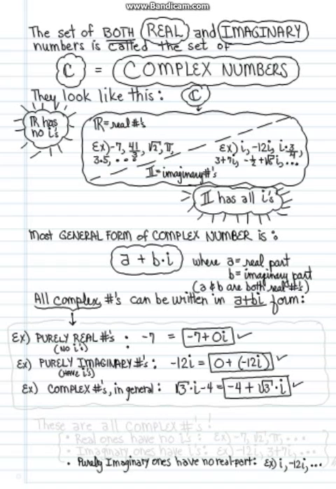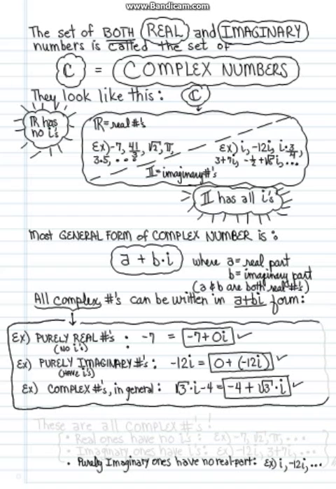So what I want you to notice here is every one of these numbers, the real numbers, the purely imaginary numbers that have nothing added or subtracted to them, and the complex general numbers, they all can be written in a plus bi form. But in the first two cases, part of that's 0. That's why you don't see it. But just to be able to write them in this form reminds you that they are all living in the same universe, the universe of complex numbers.